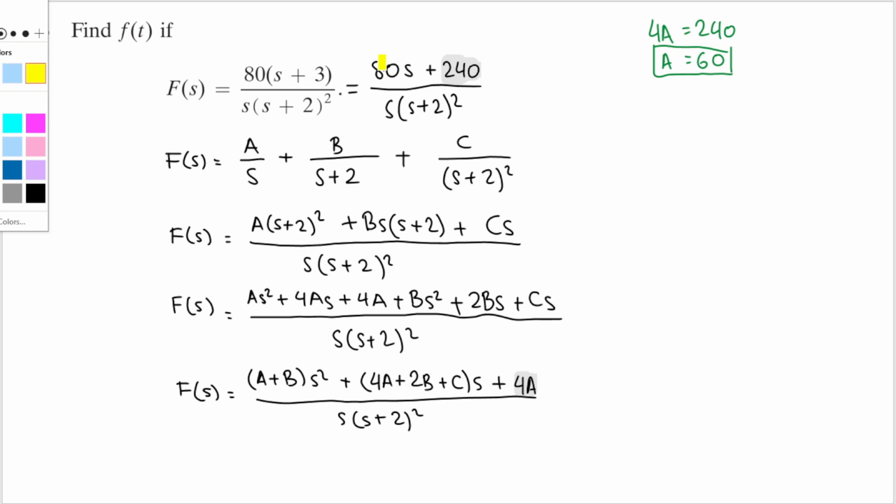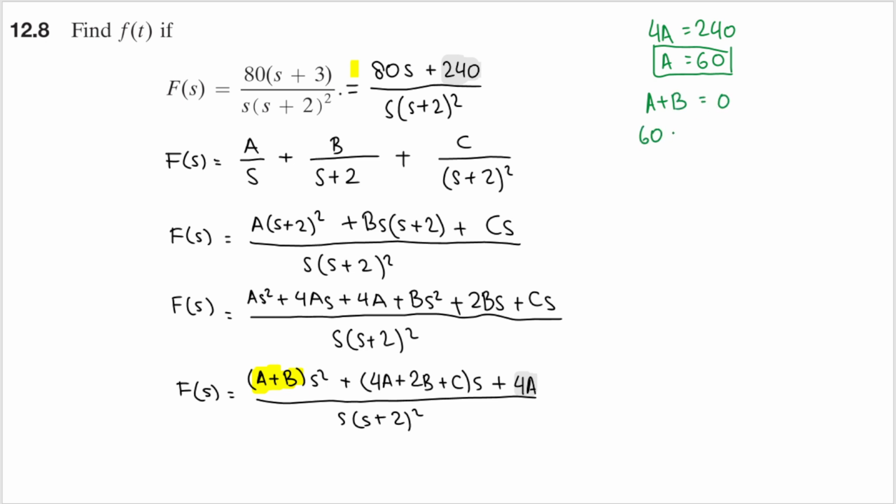Because this one does not have the term s squared. So we will have A plus B is equal to 0. Remember that A is 60, plus B is equal to 0. Therefore, B is equal to minus 60.